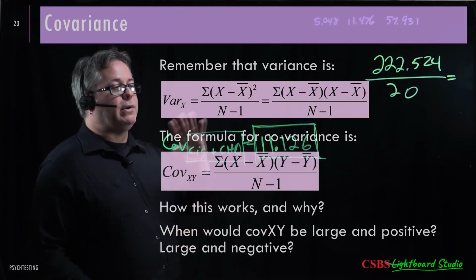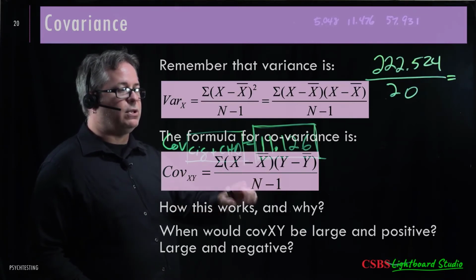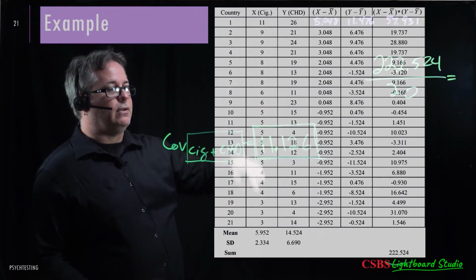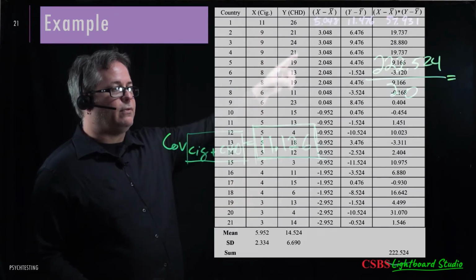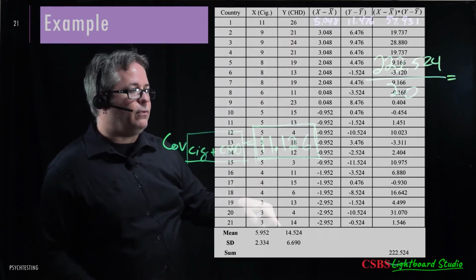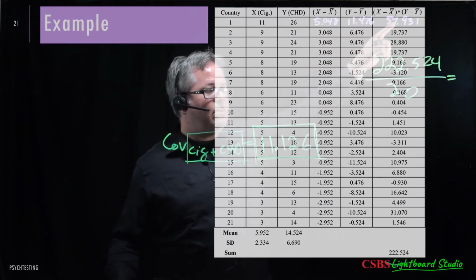We converted variance over to covariance and applied this equation to this set of data. We took 11 minus 5.925, which gave us 5.048. We took 26 minus 14.524 and got 11.467, multiplied them and got this product.